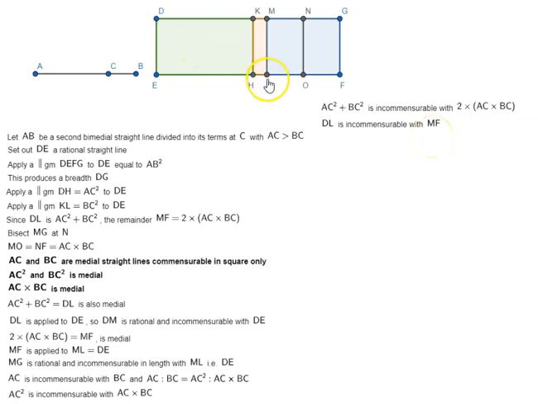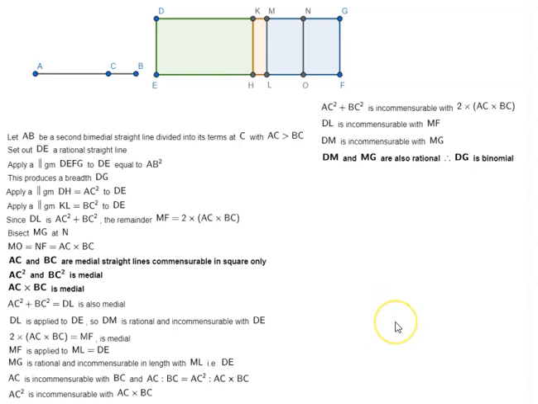Since the area DL is incommensurable with the area MF, the bases will also be incommensurable. That is, DM is incommensurable with MG. So DM and MG are rational and incommensurable with each other. Therefore, DG is binomial.